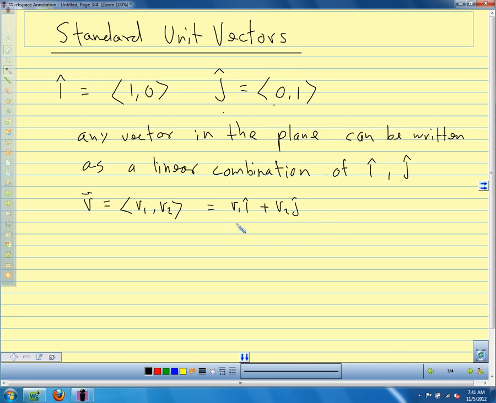And we say v1 is the horizontal component of v, and v2 is the vertical component of v. So we can write any vector in the plane as a combination of i hat and j hat just by using its component form like this.